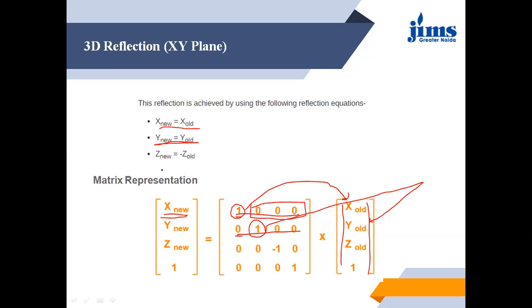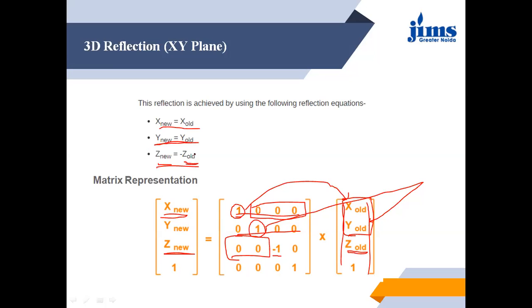Now, as we discussed in the equations, the value of z is going to change from positive to negative or negative to positive, meaning the sign of z is going to change. The x and y old are multiplied by 0, and only multiplying by the value of z old over here, we get minus z old. So z new equals minus z old.